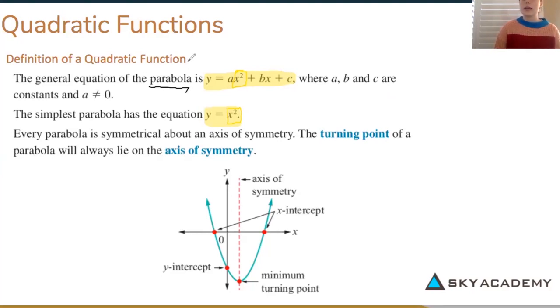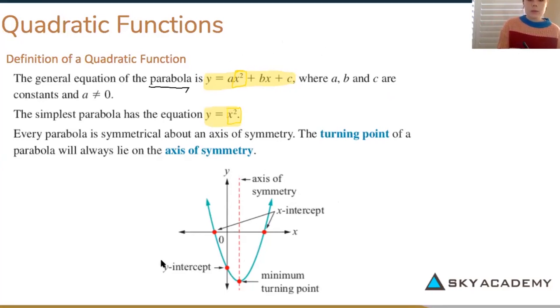If a question says which of these functions is a parabola, you know that x to the power of 2 is a parabola. With a parabola, there are a few characteristics that are key and important to be aware of. So let's have a look at some of those.